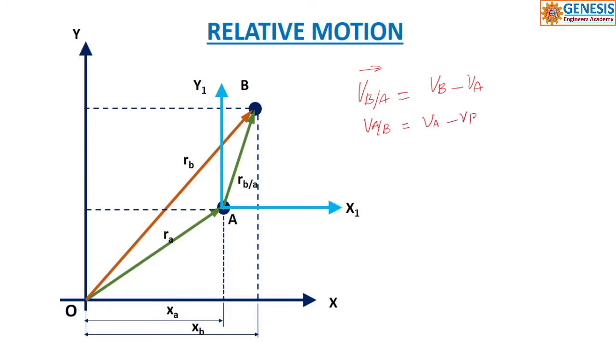Here also the difference of two will give us relative. You understand my point? What is the difference between these two? The magnitude may be the same, but the direction is opposite. Opposite means you multiply with minus, so this is nothing but minus VBA. So VAB is just directly opposite.